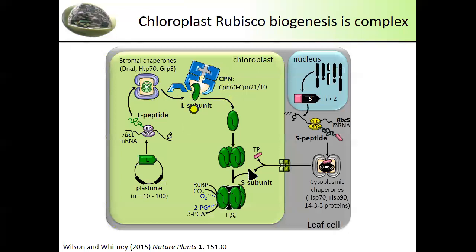And then when they exit here, this is what's been a bit of a black box for a number of years. And it's only since 2007 onwards that we've made significant advances and found out that there are actually 4 chaperones which are specifically required for folding plant Rubisco.